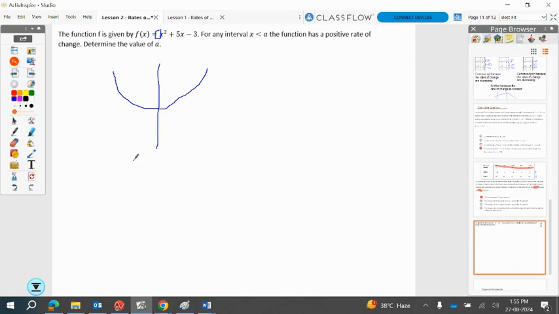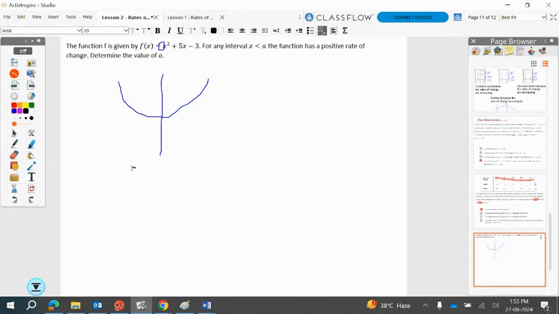So the symmetry line, if you remember, is given by x equals minus b over 2a. So we have a formula for the symmetry line of a quadratic function. That would be equal to minus 5 over 2.